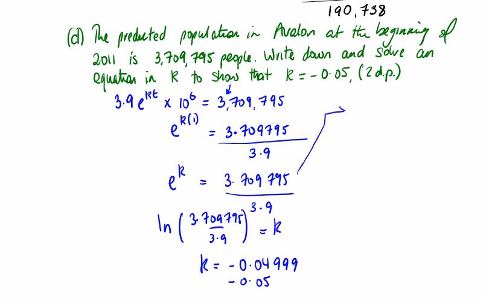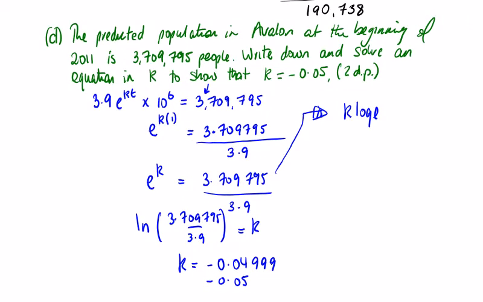If you prefer your log rules, you can say k times the log of e is equal to the log of 3.709795 divided by 3.9.